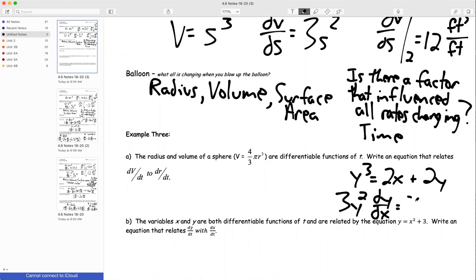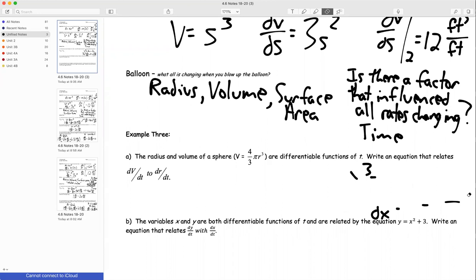And then the derivative of 2x is 2, and the derivative of 2y would be 2 dy/dx. So when we did implicit differentiation, we learned that anytime we took the derivative of a y variable, we had to tag it with a dy/dx because we are taking the derivative of y with respect to x. Okay, well, I've got some good news for you.